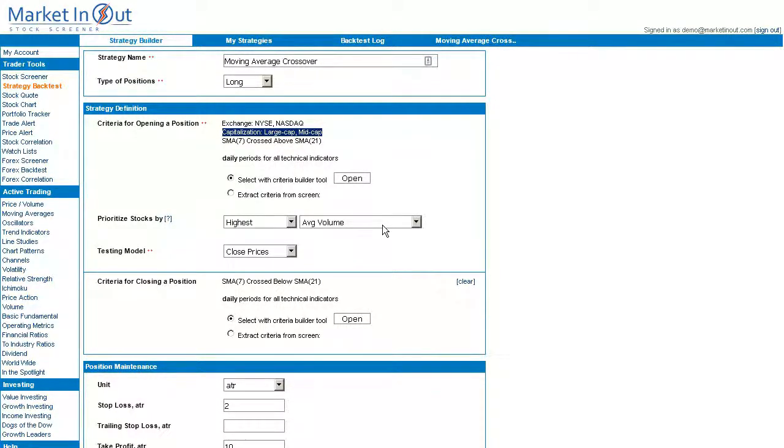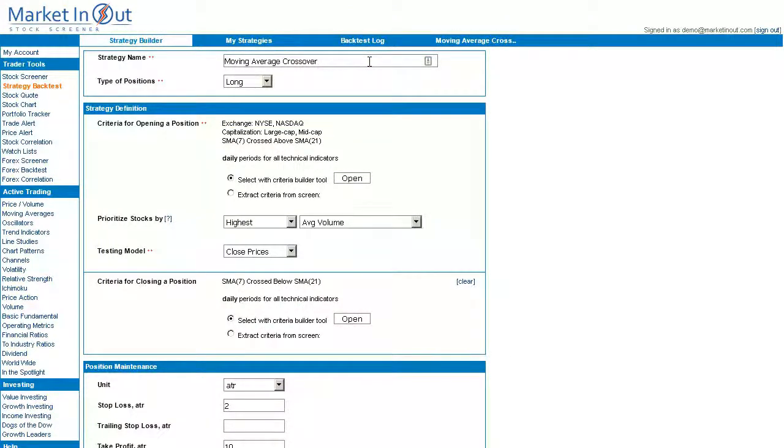If we don't filter out thinly traded stocks, stocks that don't have a lot of volume, we can have a situation where the broker can't execute the order because there was not enough volume for the stock to fill the order. In other words, we can develop a profitable trading system based on small cap stocks, but we will not be able to really execute that strategy.